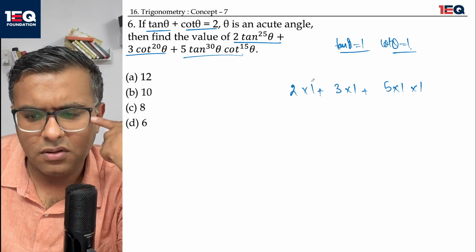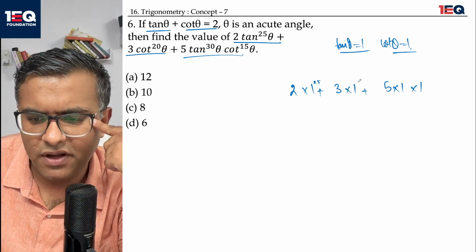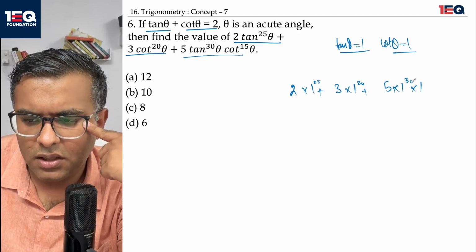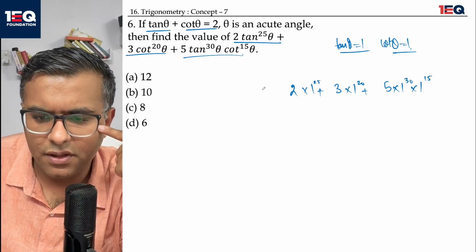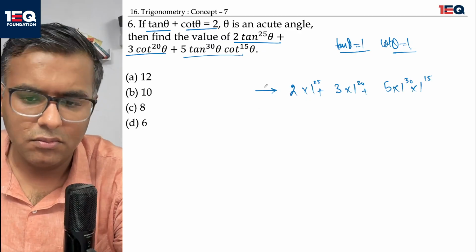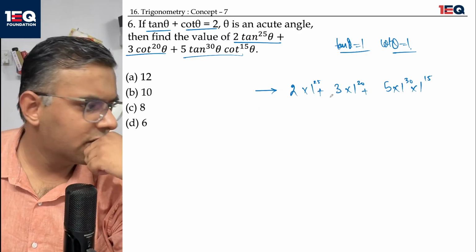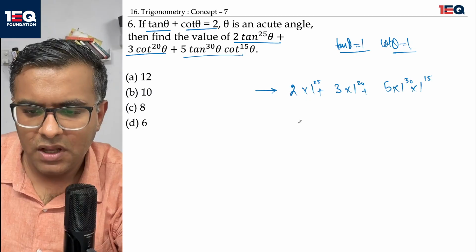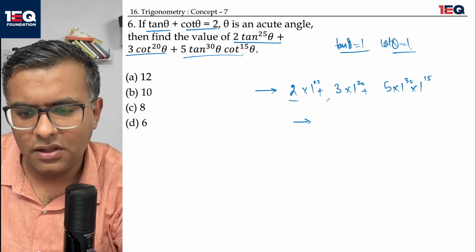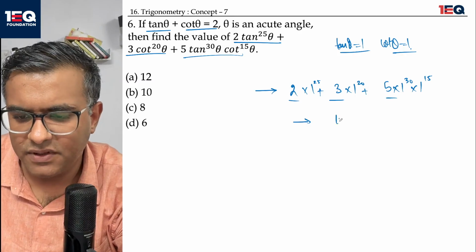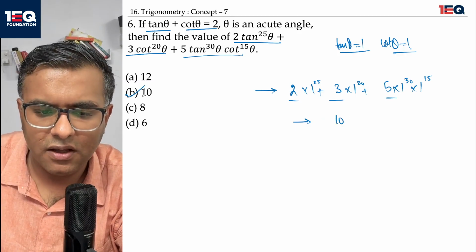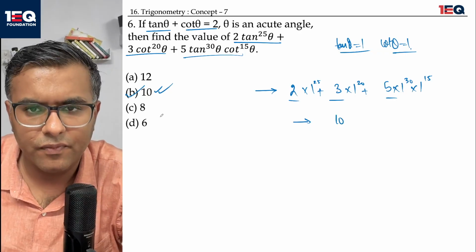You can put the respective powers here, 25, 20, 30 and 15. In such a situation, I just need to calculate 2 plus 3 plus 5, which is equal to 10, and this is my final answer, right?